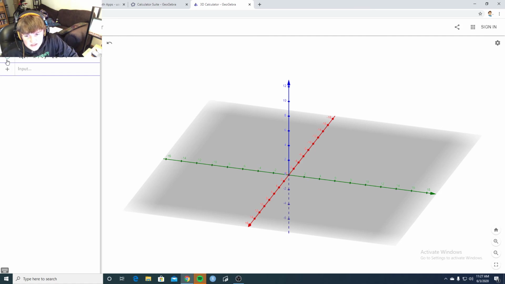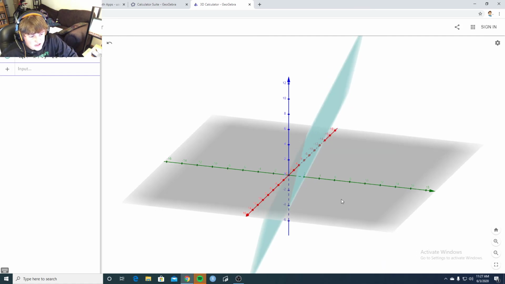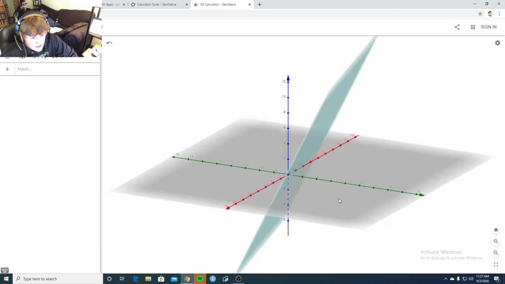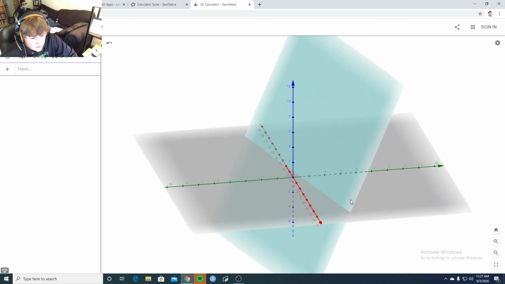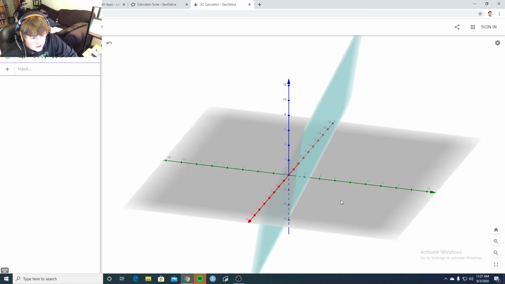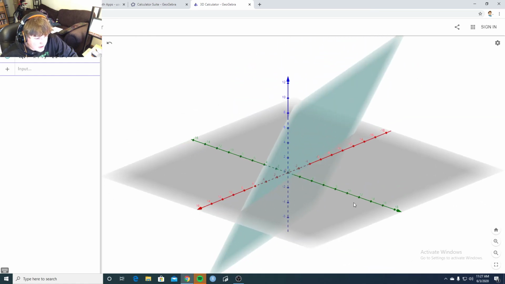Okay, and so what I did is I actually just drew the equation that we just did here. Okay, and so this blue sheet of paper that we have created is our plane. Now our plane is actually what we just drew on our paper. Okay, and we can see some things about it.